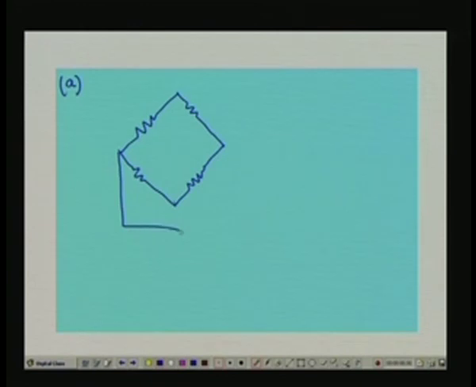We have excitation to the bridge, and we are taking the output voltage, EO. This is the resistance R, this is 2R, this is R, and this is our RTD. Its resistance is 2R multiplied by 1 plus X.